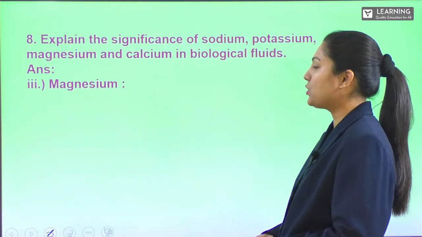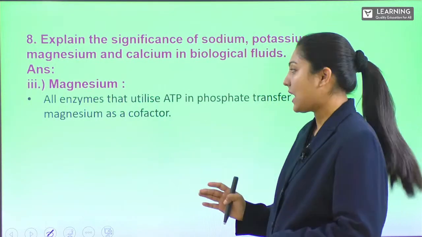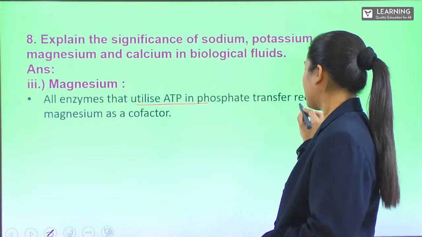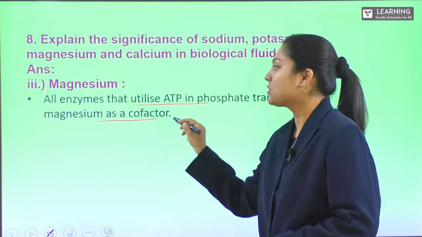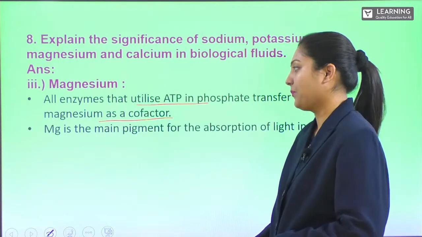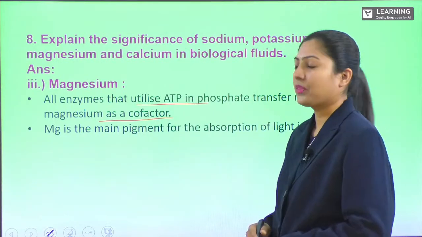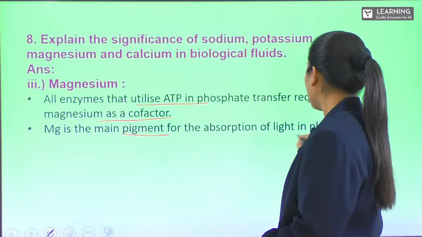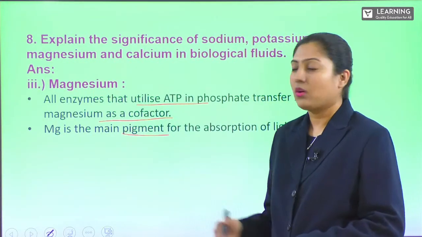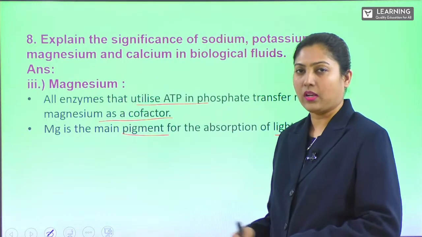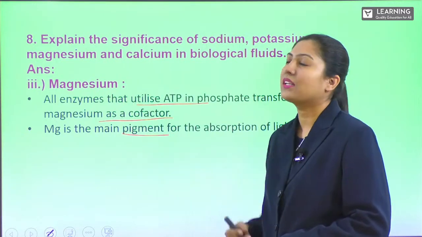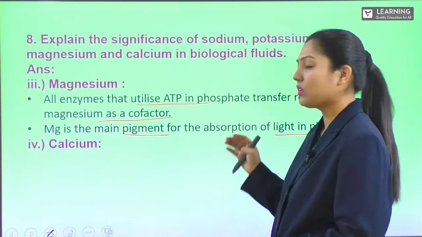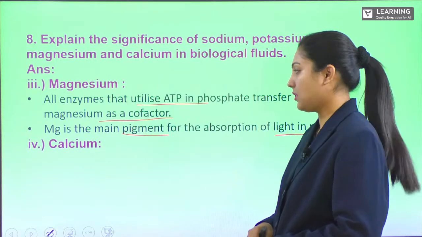Next we have magnesium, where all enzymes utilizing ATP in phosphate transfer require magnesium as a cofactor. And also magnesium is the main pigment for the absorption of light in plants, that is the pigment chlorophyll. So inside the chlorophyll we have magnesium to trap the light from the sun, which is used in photosynthesis.